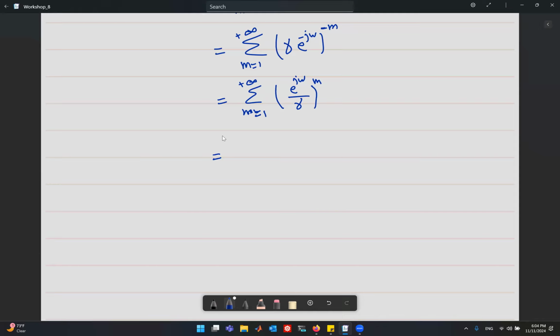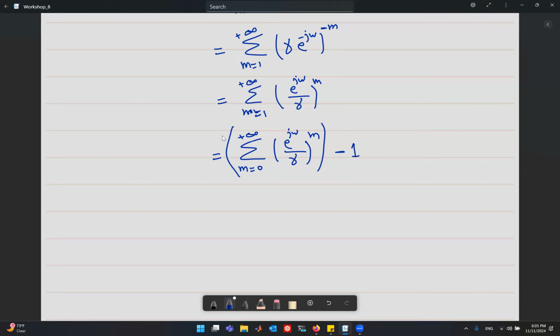When m equals 0, it will be 1. So this is a summation from m equals 0 to plus infinity of e to the j omega divided by gamma to the power m, minus the term when m equals 0, because we have added it here, so we subtract 1.